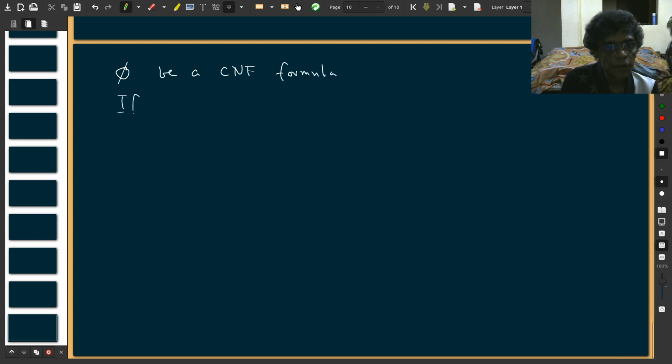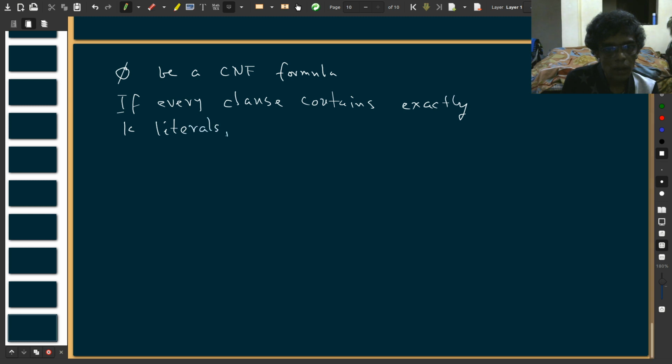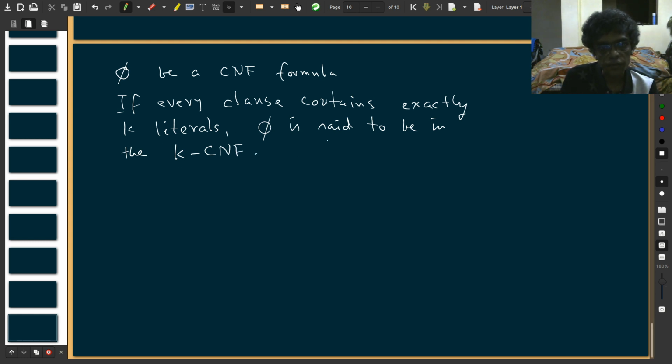If every clause contains exactly k literals, phi is said to be in the k-CNF, k conjunctive normal form, where k is a constant.